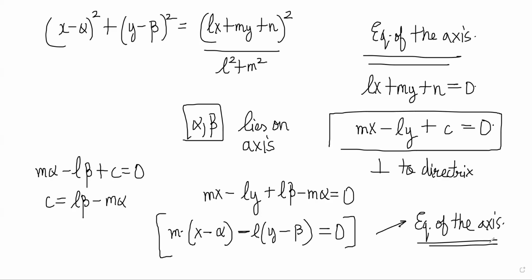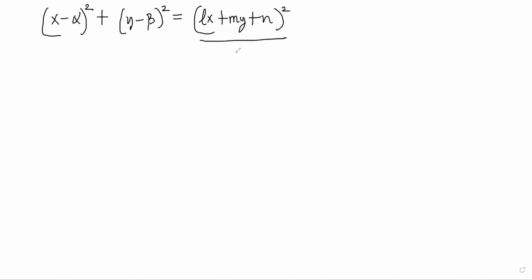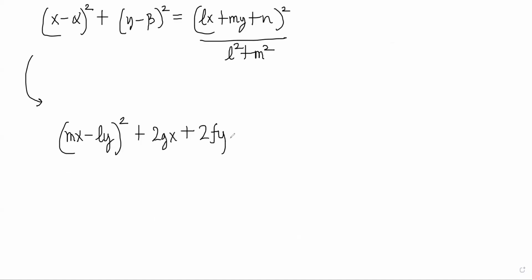Another thing to understand from this equation is a general property. If you have (x minus alpha) whole square plus (y minus beta) whole square is equal to (Lx plus my plus n) whole square by L square plus m square, what you can do is convert this equation a little bit and make it look like this: (mx minus Ly) whole square plus 2gx plus 2fy plus c equals 0.